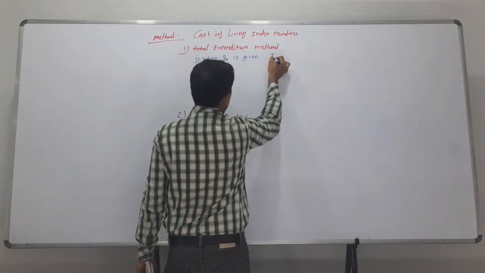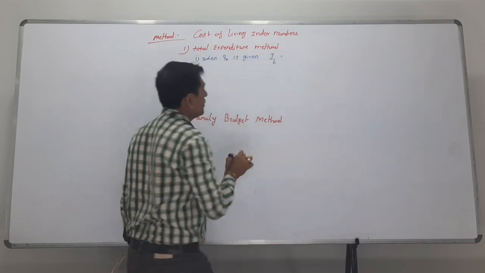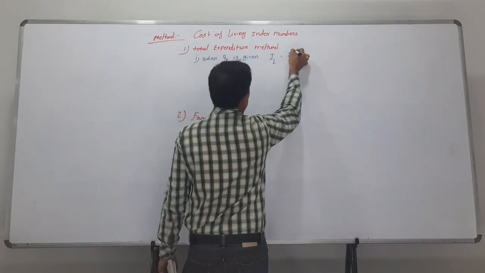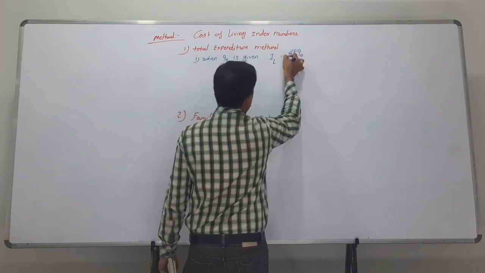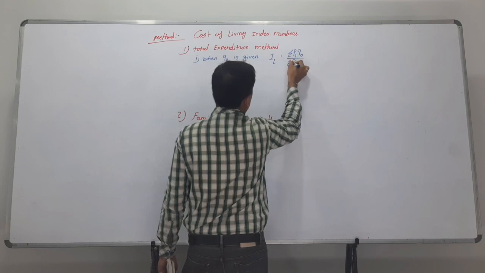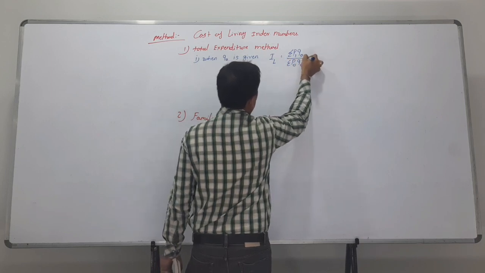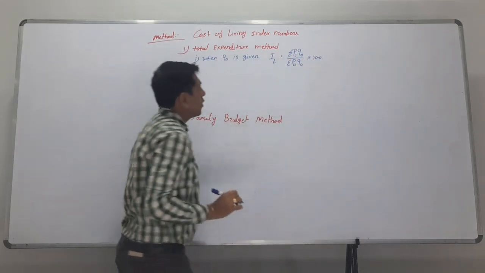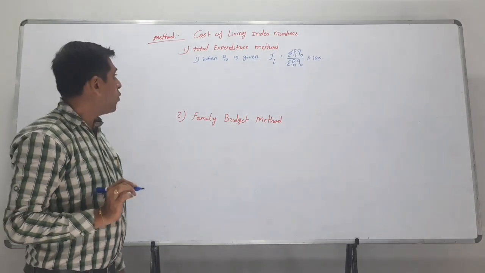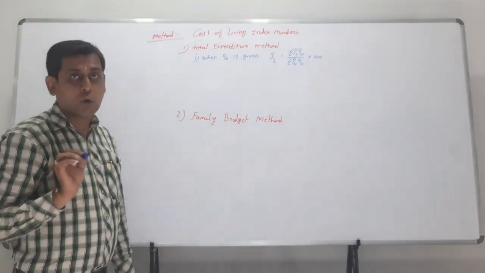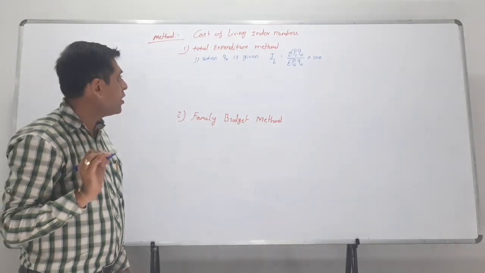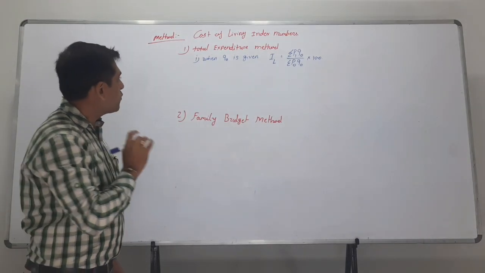Then you have to take IL, that is sigma P1 Q0 upon sigma P0 Q0 into 100. So whenever Q0, that is quantity of the base year, is given, you have to write this formula.